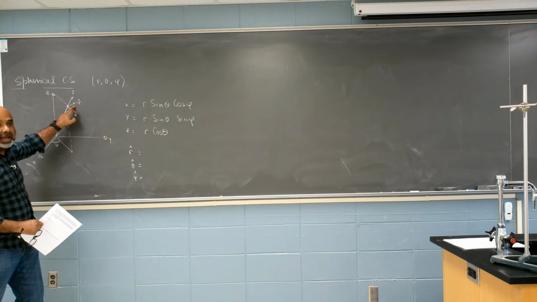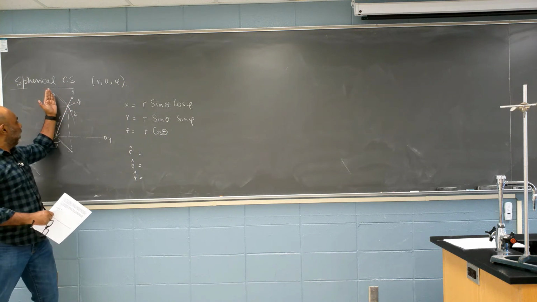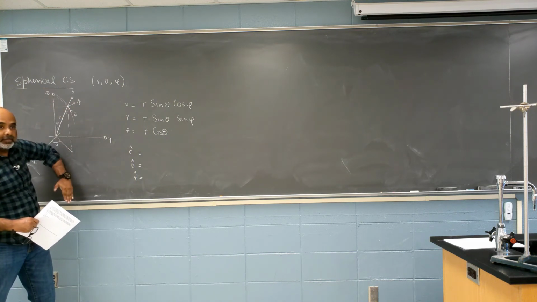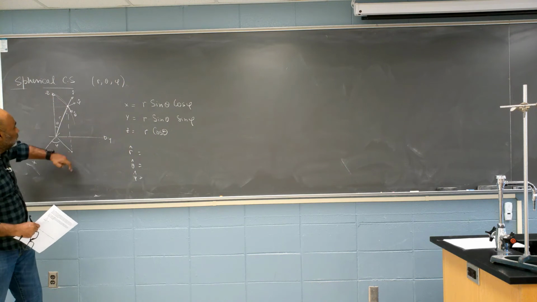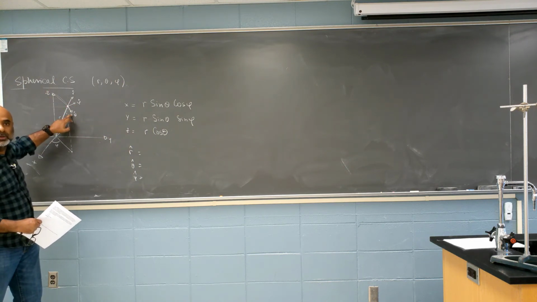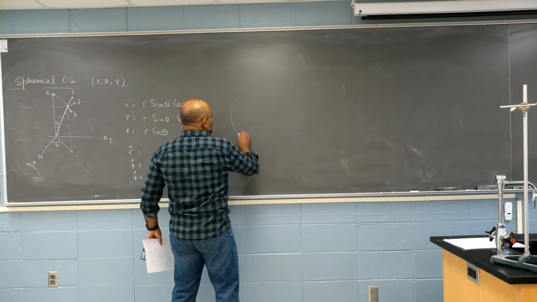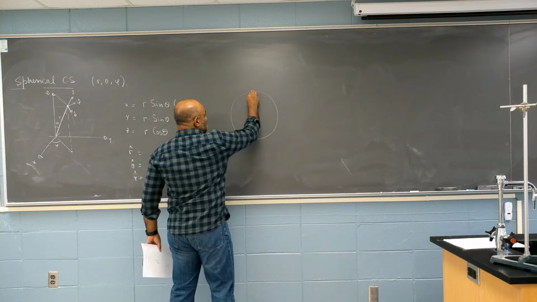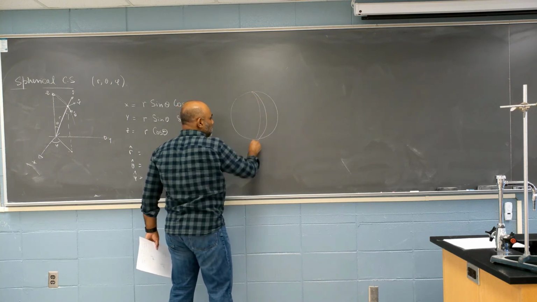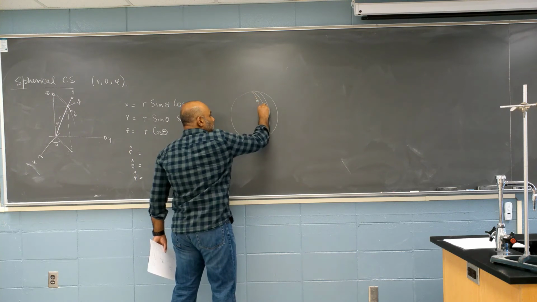So this is like the phi hat from cylindrical coordinate system. Now, to get theta hat, I keep r and phi constant, and I just swing it down this way. So these are like the longitudes of a circle. So it's down the longitude. So if you have the Earth, for example, and these are the longitudes, this is at any point.